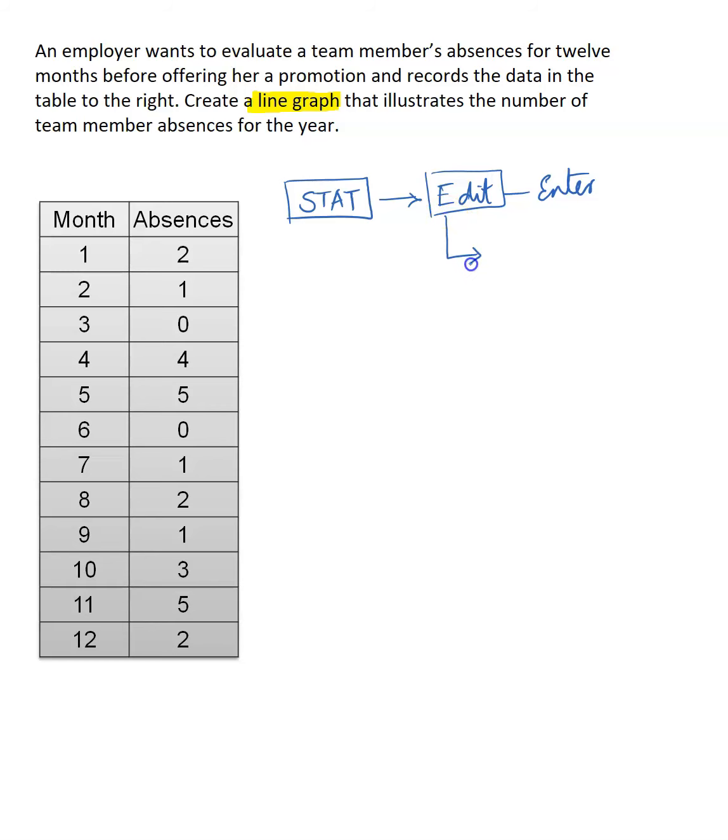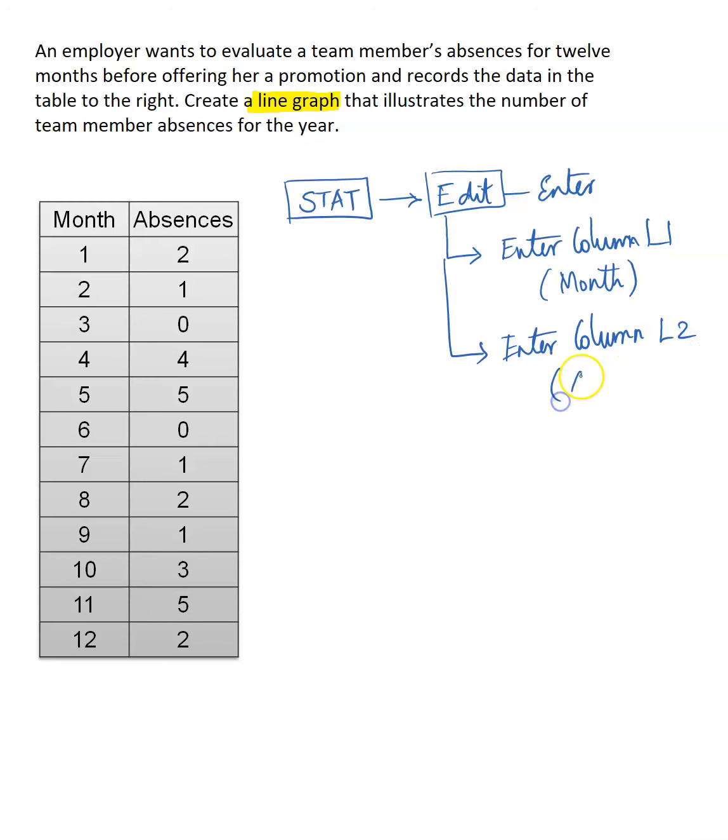Then you will enter column L1, which will be your month, and then enter column, use the right arrow to move over to L2, which will be the absences. Right? Enter these values. It's very, very straightforward.